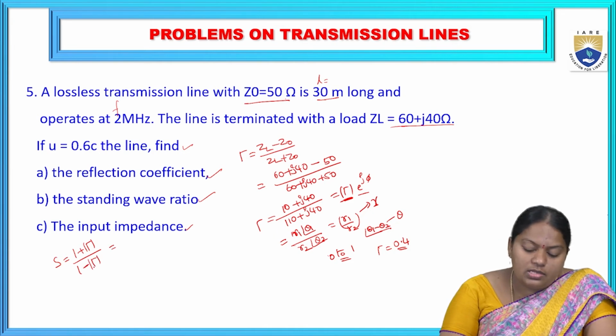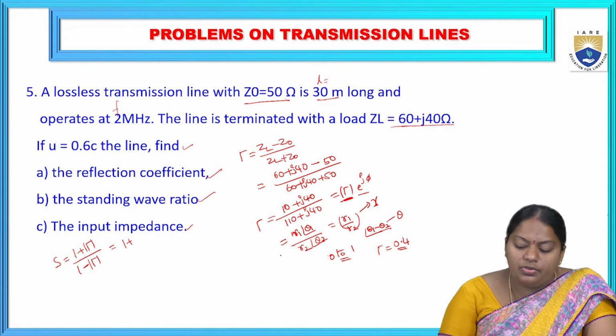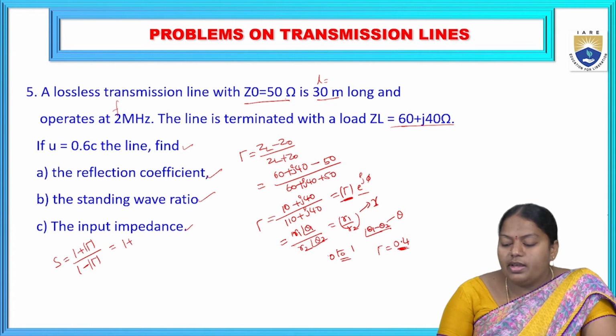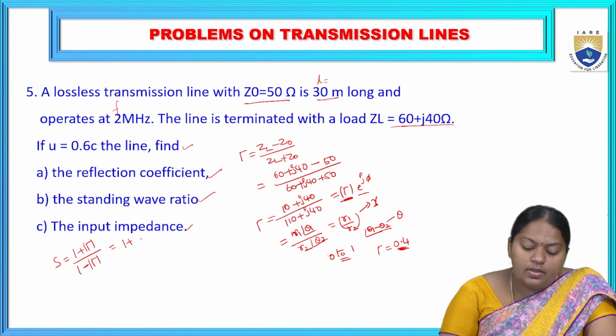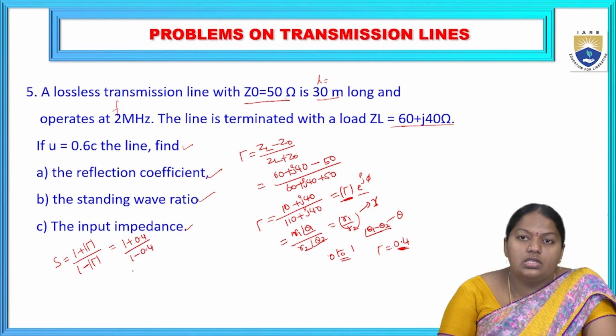So if the reflection coefficient is 0.4, for example, then 1 plus 0.4 by 1 minus 0.4 needs to be considered. So this will be 1.4 by 0.6, which is 14 by 6.